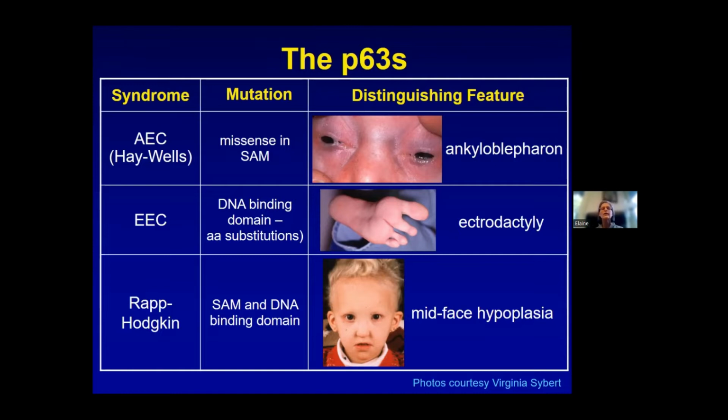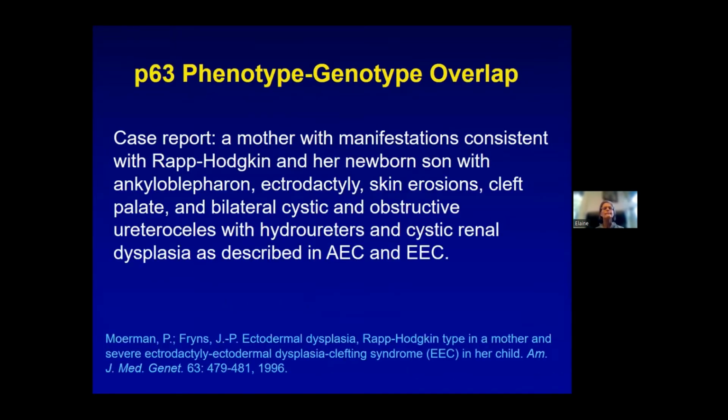These are all mutations in P63, and there's some genotype-phenotype correlation with the location of the mutation, but there's also quite a bit of overlap between these conditions. This is the case I mentioned that was reported, where a mom who had a Rapp-Hodgkin phenotype had a child who had more of an EEC phenotype.